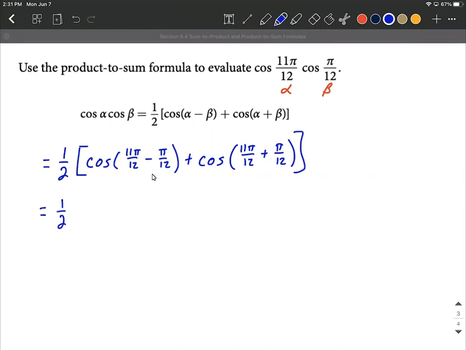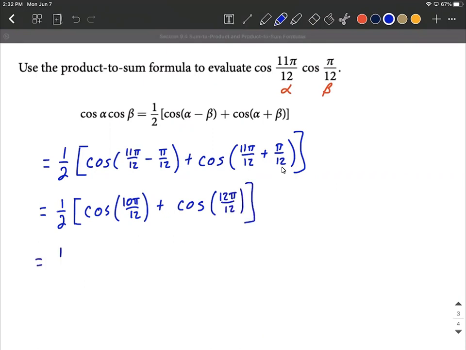So we can say, well, that's 1/2 cosine of, instead of 11 pi over 12 minus pi over 12, these will combine together pretty nicely and give us 10 pi over 12, which will reduce further in a second. And then cosine of 11 pi over 12 plus one more pi over 12 makes 12 pi over 12 on the inside of that cosine.